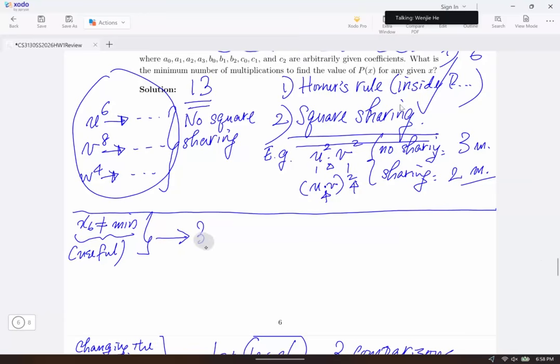Right now we have the 3 comparison solution, so our target is 2 comparisons. Otherwise, we just take that 3 comparison solution. But now we want to do a little better.